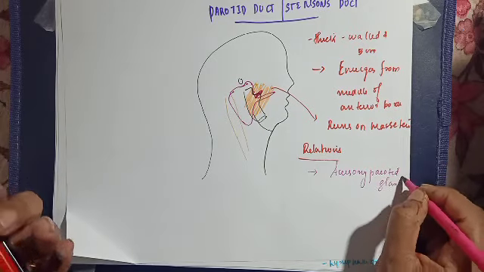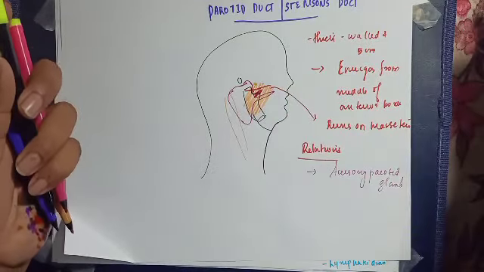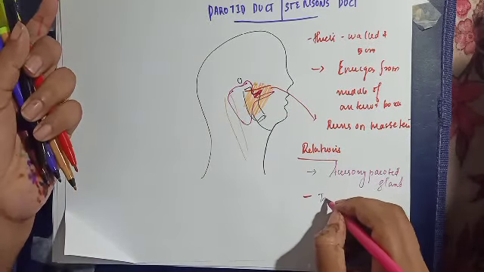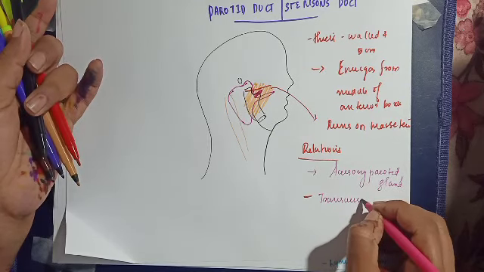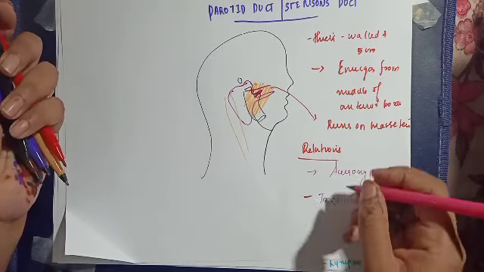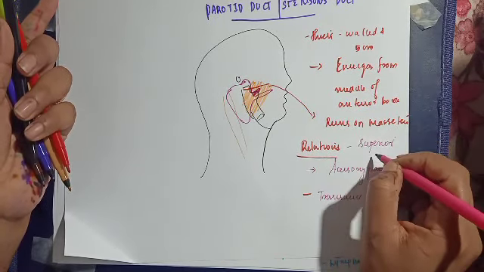And the transverse facial vessels, that is the transverse facial artery and transverse facial vein, pass above the parotid duct. These are the superior relations of the parotid duct.